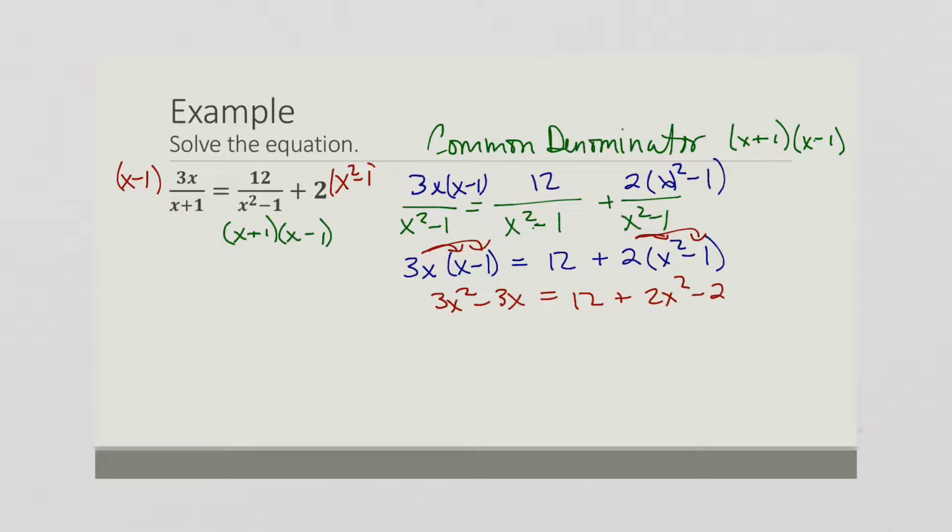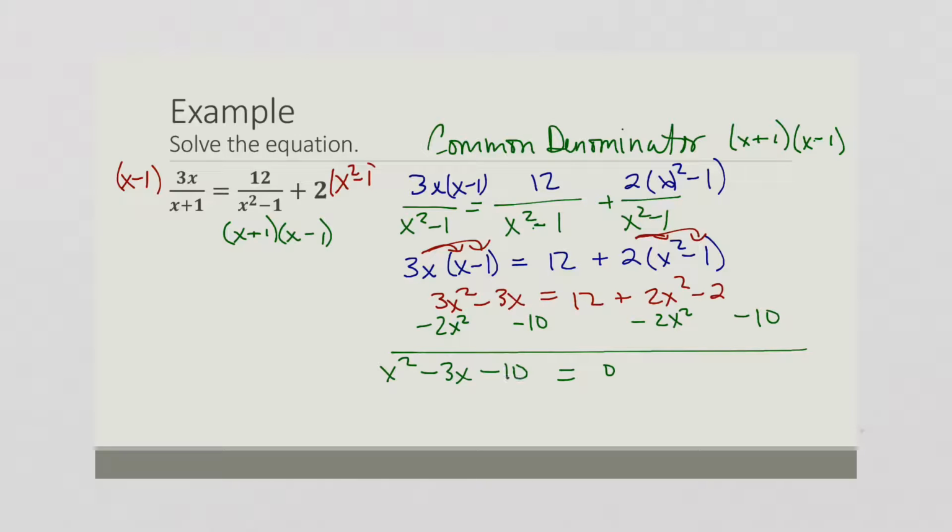So I am going to take away my 2x squared from both sides. And then 12 minus 2 is 10, so I'm actually going to take away 10 from both sides. And I end up with 0 equals x squared minus 3x minus 10.